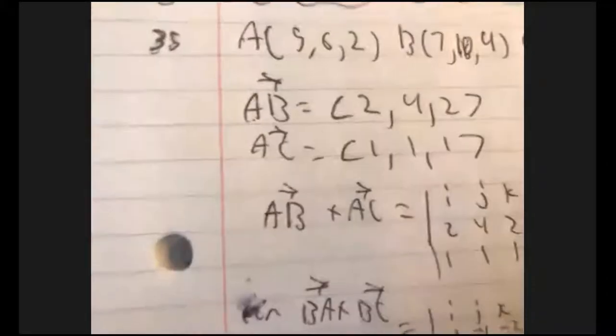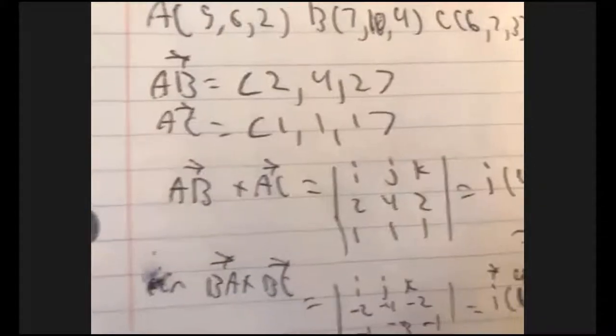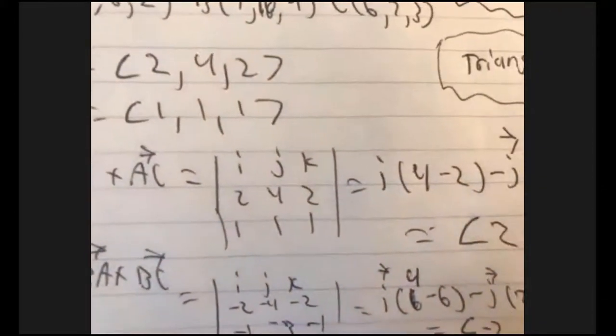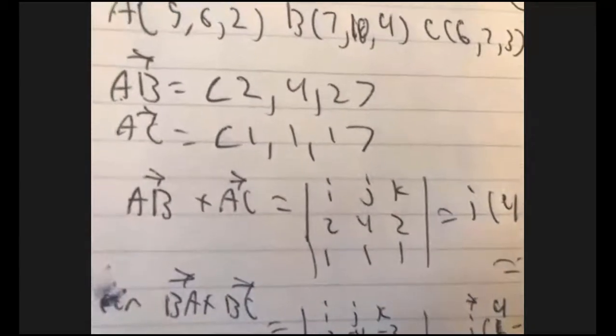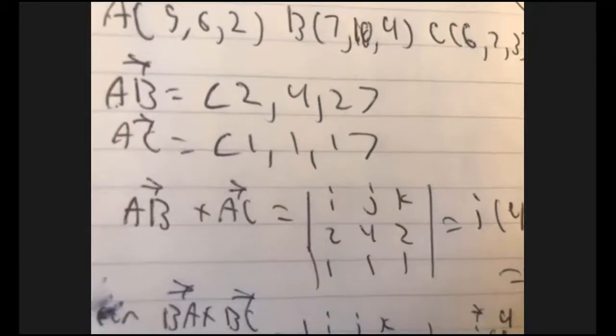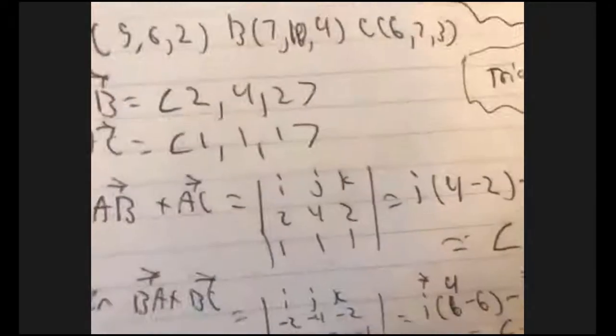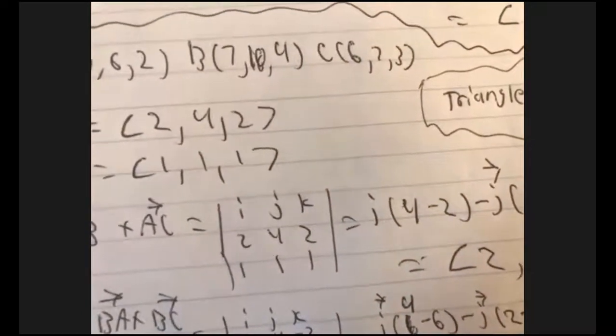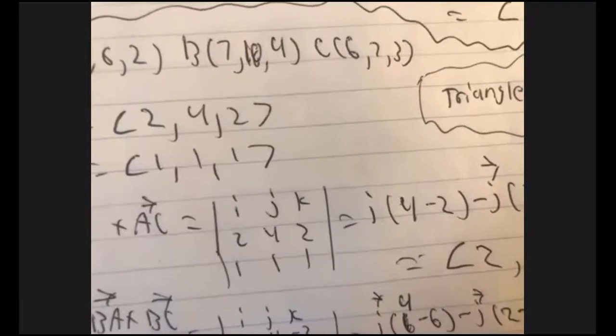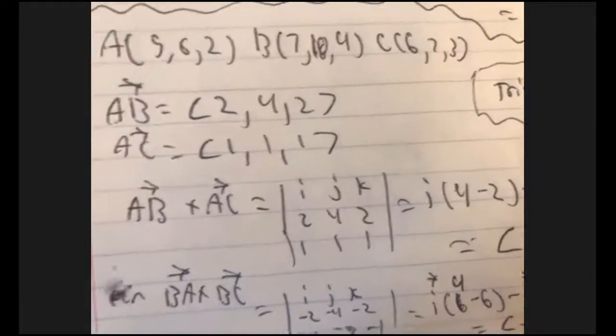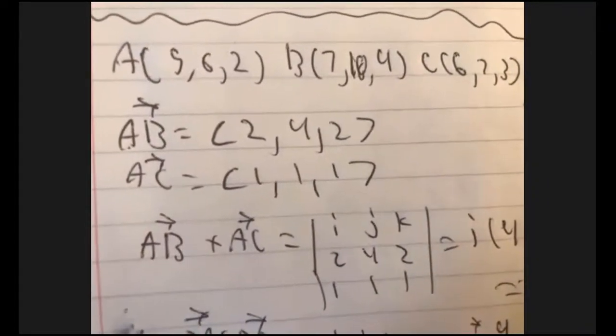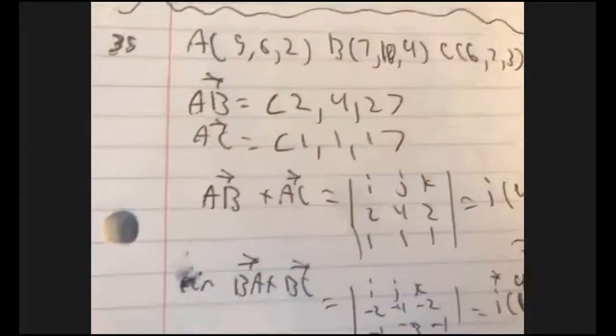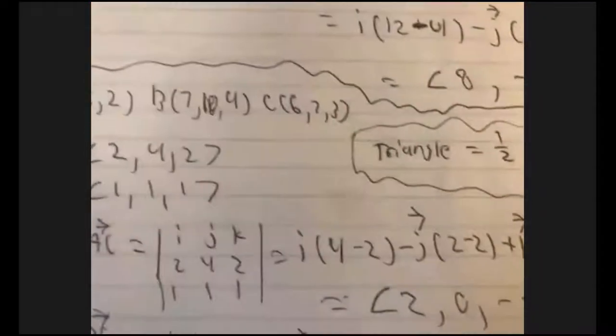Oh, because I did AB times AC. So AB, let's take a look at your vector. Your vector AB doesn't look right. So the point B, I think the point B was 7, 16, 4. Oh, I put 10. Okay. Yeah. But okay, you did a different problem. It looks about right. Okay. Mm-hmm.